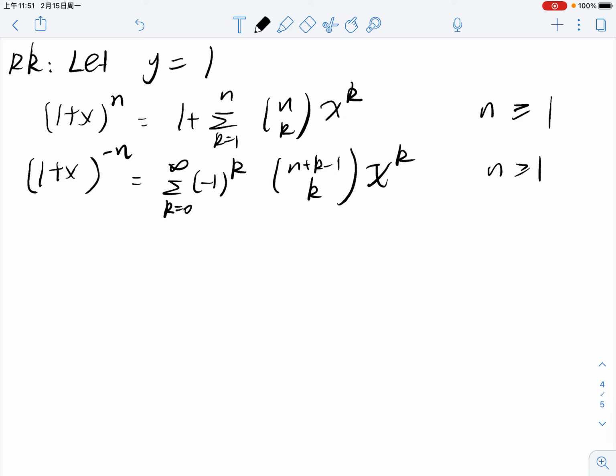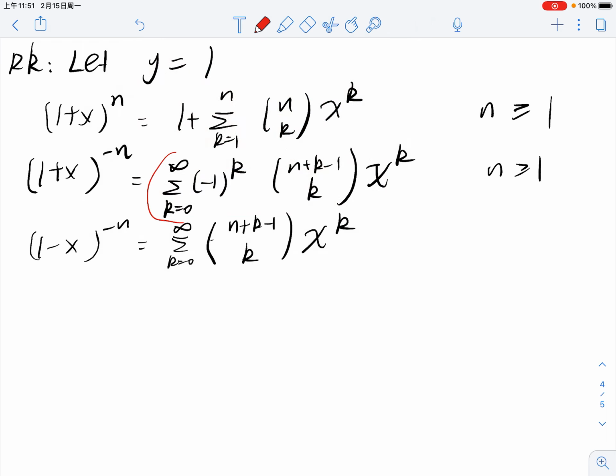Okay, and if you choose x to negative x, then you have a cleaner formula. N plus k minus 1 choose k times x to k's power. Notice that here you have an infinite sum instead of a finite sum.